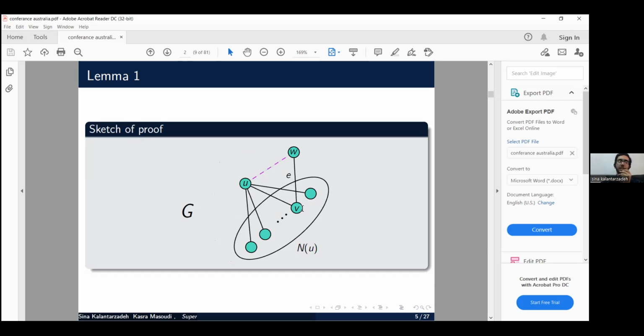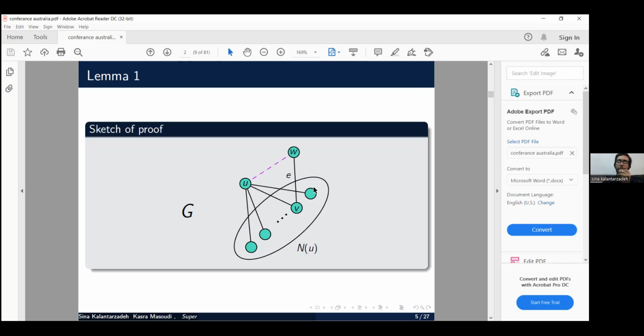Since G is connected, there must be an edge which comes out of N(U), and assume that vertices V and W are incident to it. Here you see a violet line, which, when I use this in a slide, means there is no edge there.